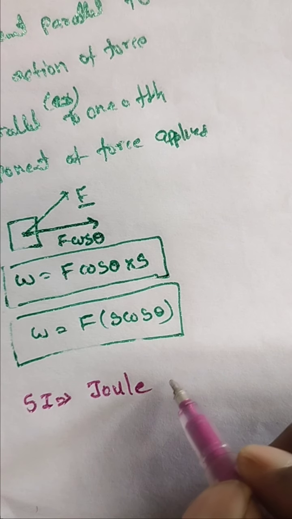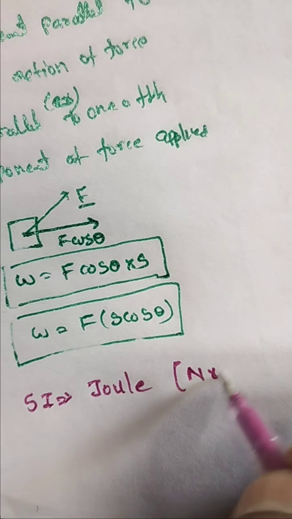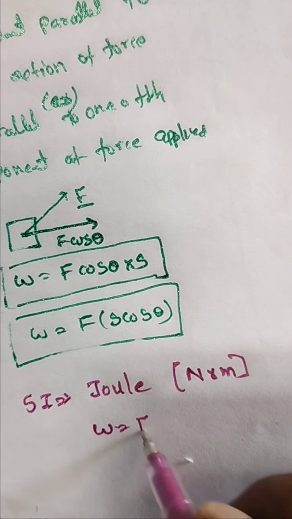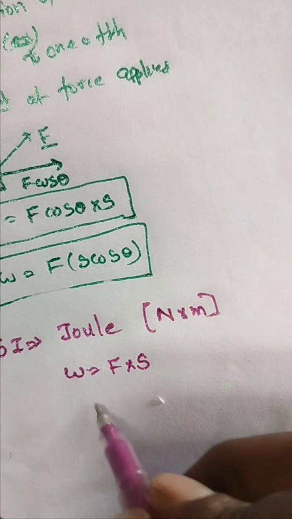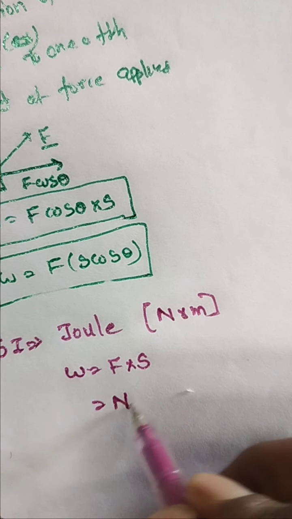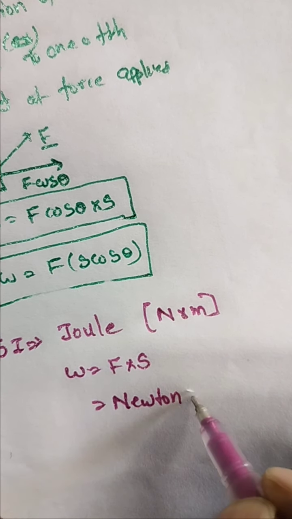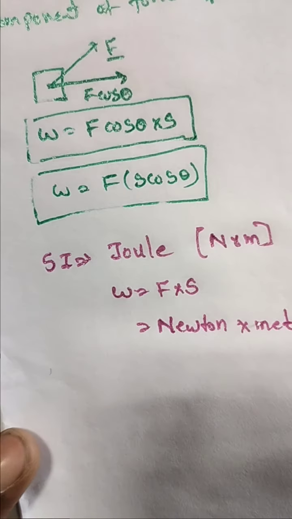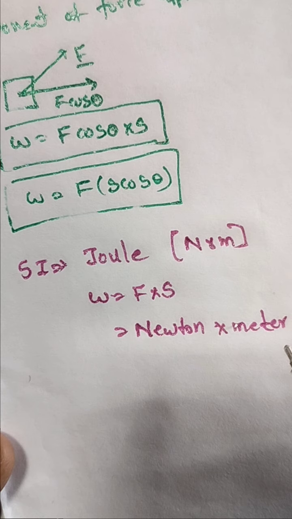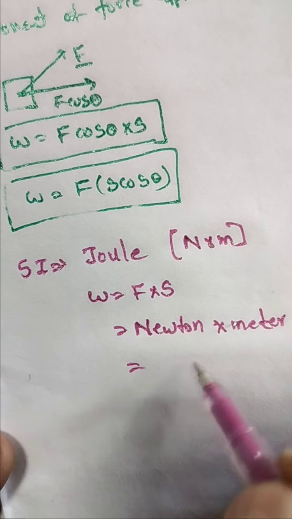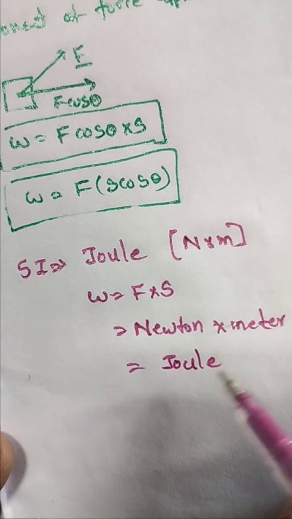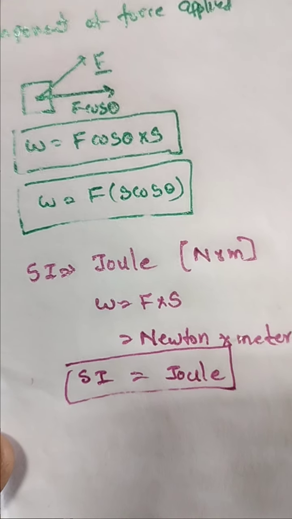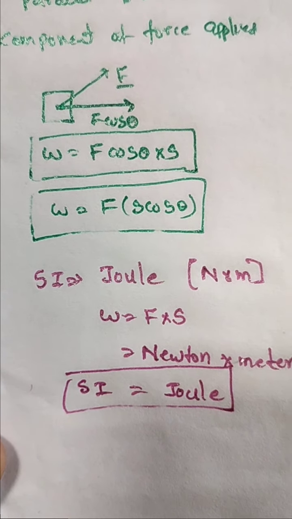So 1 joule is equal to Newton into meter, because W is equal to F into S. The unit of force is Newton, and S, the displacement, is in meters. So W is equal to F into S, Newton into meter, and this Newton into meter is called joule. So the SI unit of work is joules.